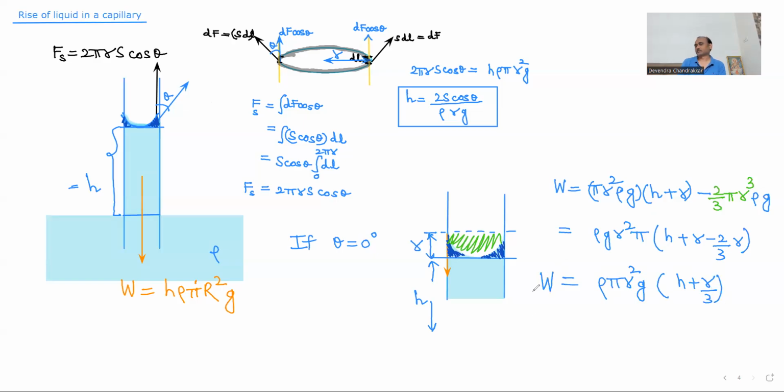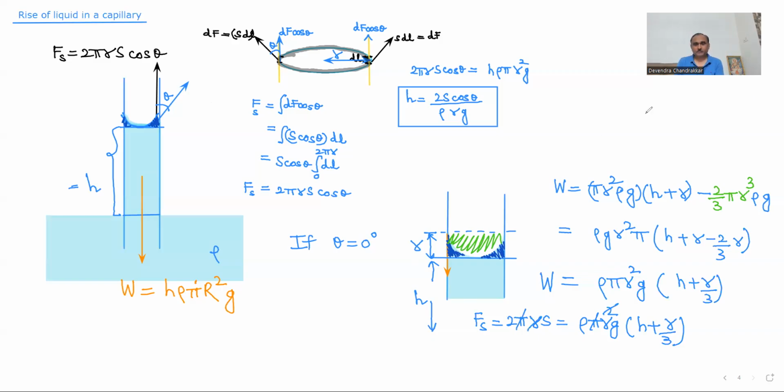This is weight, right? And now equate this weight to 2 pi rs, because cos theta is 0. So equate this force Fs, which is 2 pi rs, to W, which is rho pi r square g into h plus r by 3. ठीक है बच्चों? So this pi cancels out. This is small r, huh?